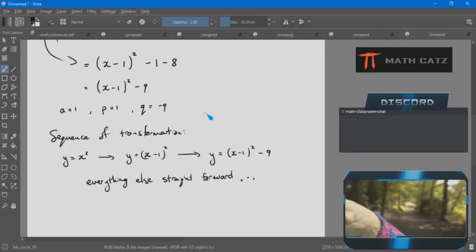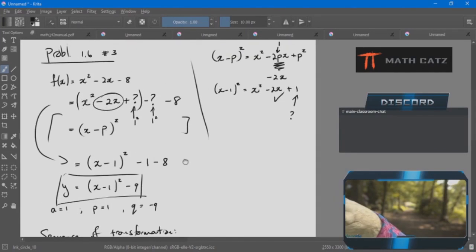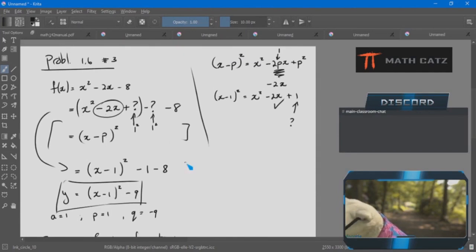The important part is how we get to this PQ form, this standard form. Because once I have it, then I can see my transformations, I can isolate them, I can make the sequence, graph, everything's the same. It's when I start with the general form, how do I complete the square to get my standard form?